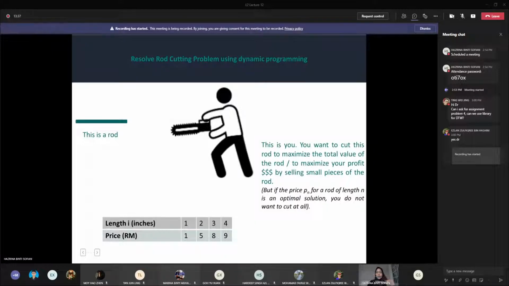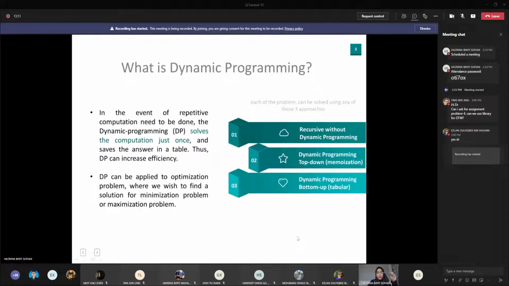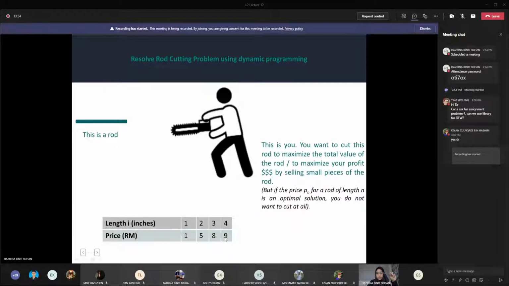Considering we have this rod, let's say this rod is 4 inches. Let's say you decide not to cut this rod. You can sell it at the price of 9 ringgit. Then you want to consider, should I cut it, and into how many inches, to make the most profit?